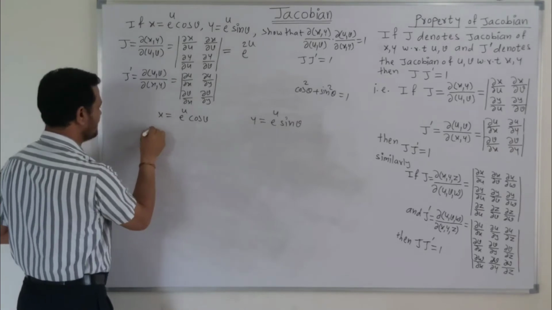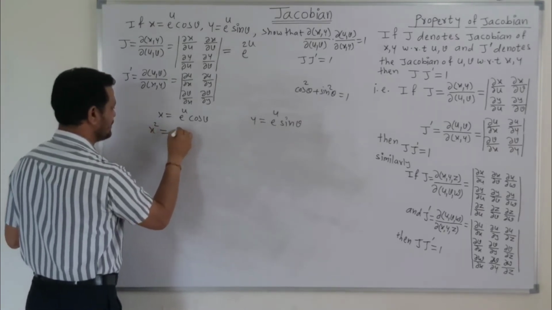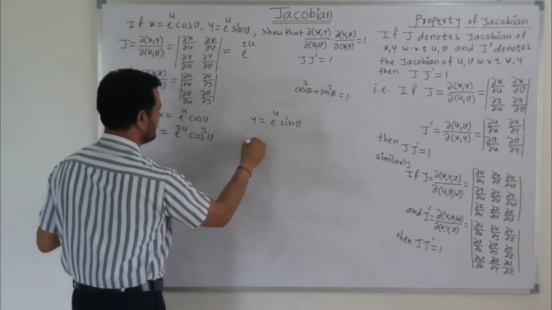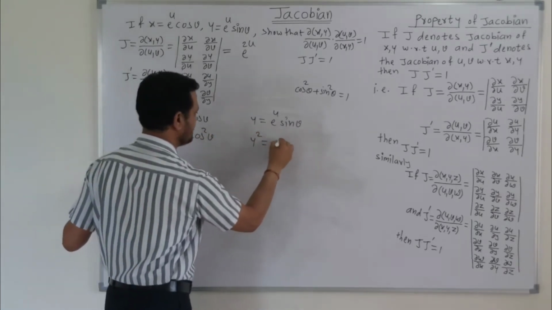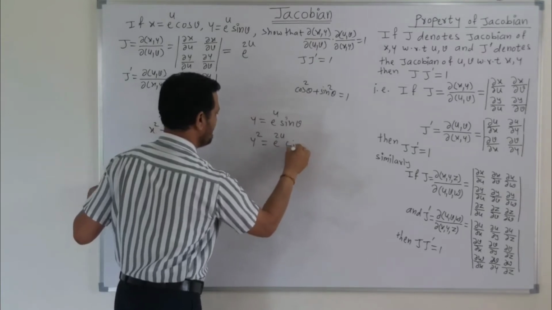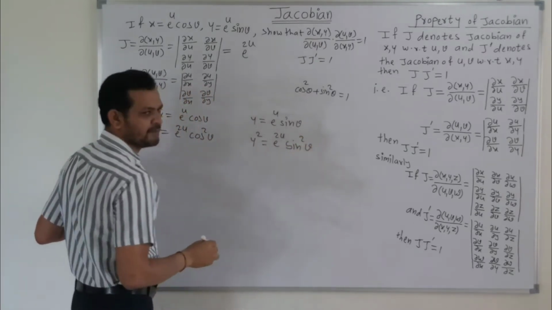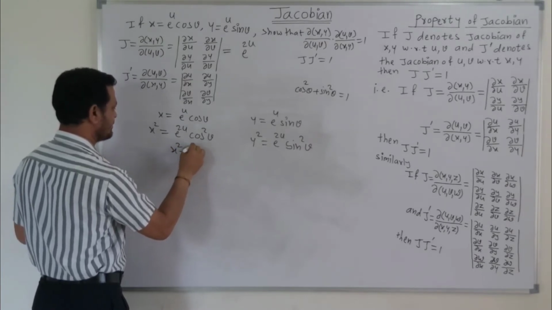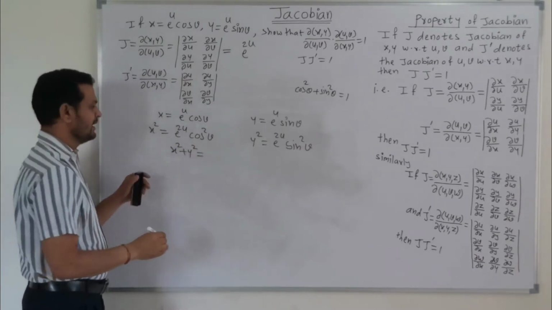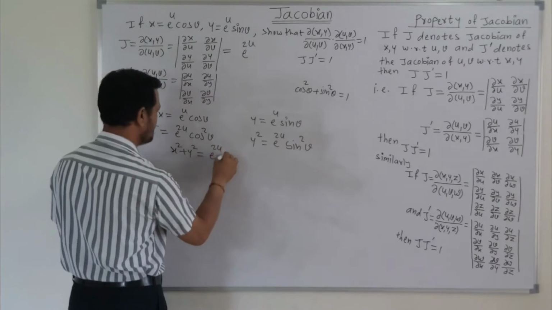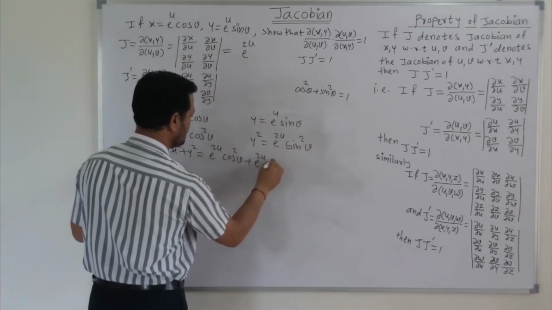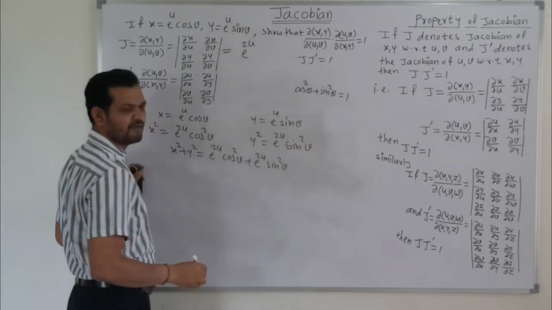So if we make the square of this term, then x square is equal to e raised to 2u, then this is cos square of v. Similarly, y square is equal to e raised to 2u into sin square of v. If we take the addition of these two terms, then we get x square plus y square equal to e raised to 2u cos square of v plus e raised to 2u into sin square of v.